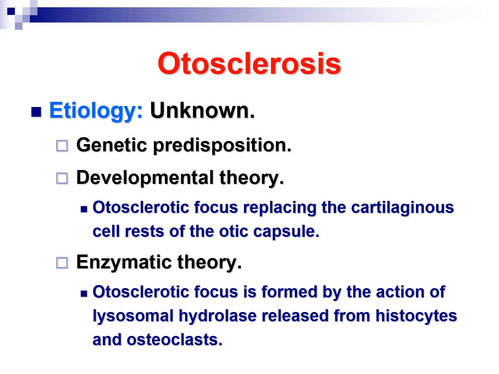The second is the developmental theory, which explains otosclerosis as an otosclerotic focus replacing the cartilaginous cell rest of the otic capsule. The third is the enzymatic theory, which explains that the otosclerotic focus is formed by the action of lysosomal hydrolase enzyme released from histiocytes and osteoclasts.